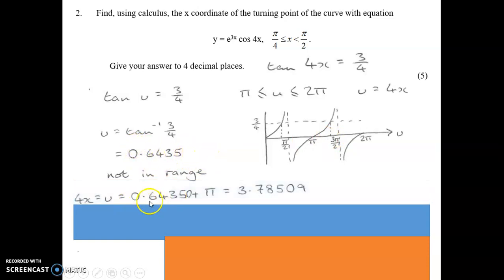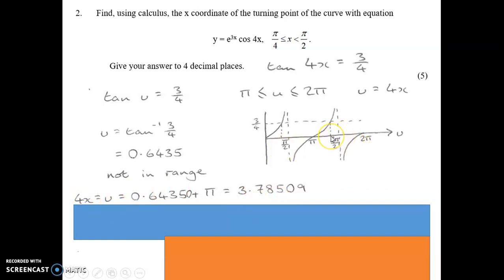So I'm going to add pi to 0.6435, which gives me this solution here. I have to remember that that solution is for u, not for x, so I've still got to work out what x is, but I know that 4x is equal to u.